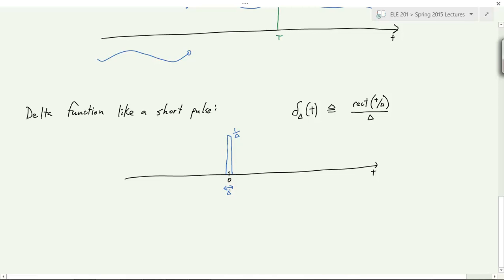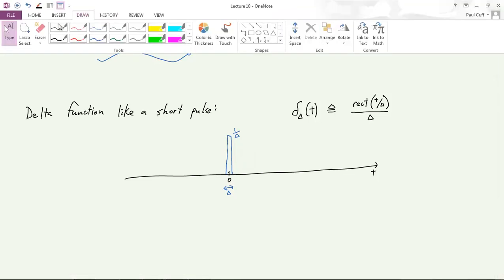Just a little pulse. And we want to imagine delta being very small, so this is a tall, narrow pulse. That will be very much like this Dirac delta function that we've defined. Okay? Because notice that, we can make a precise statement about when you take an integral here.